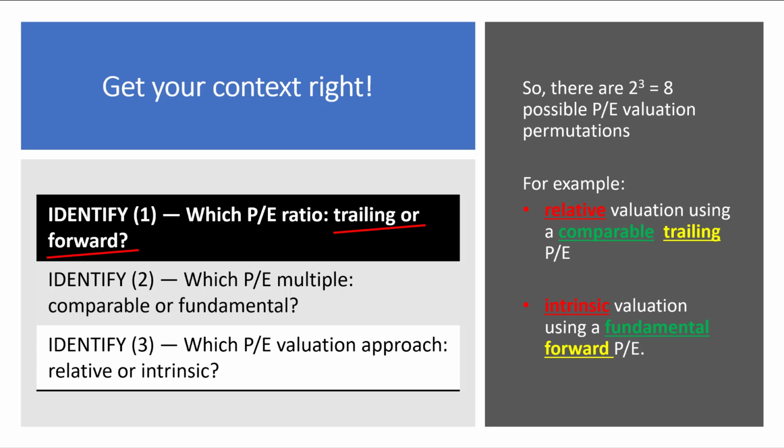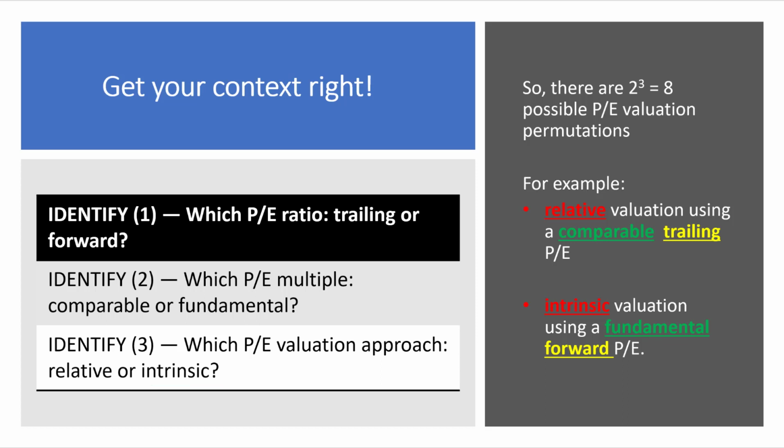The second identification is to decide which multiple you are going to be using as your benchmark, a comparable or a fundamental. And the third identification is to specify whether you are doing a relative or intrinsic valuation.